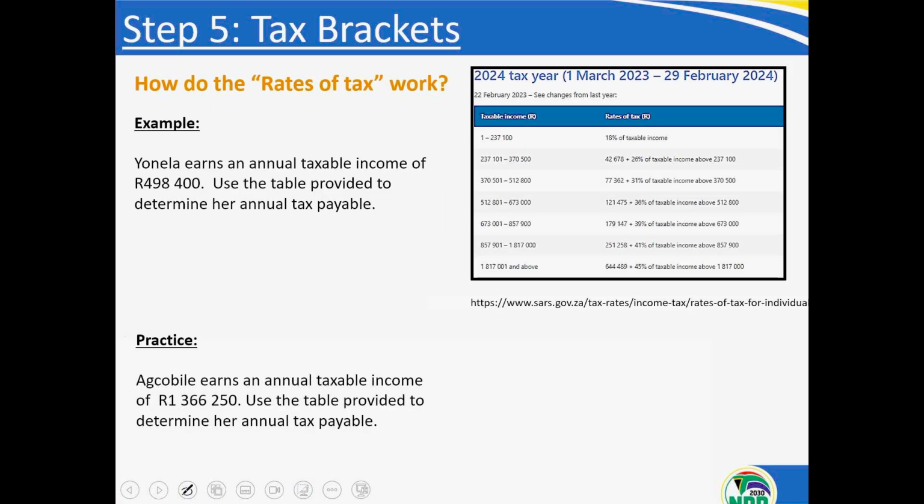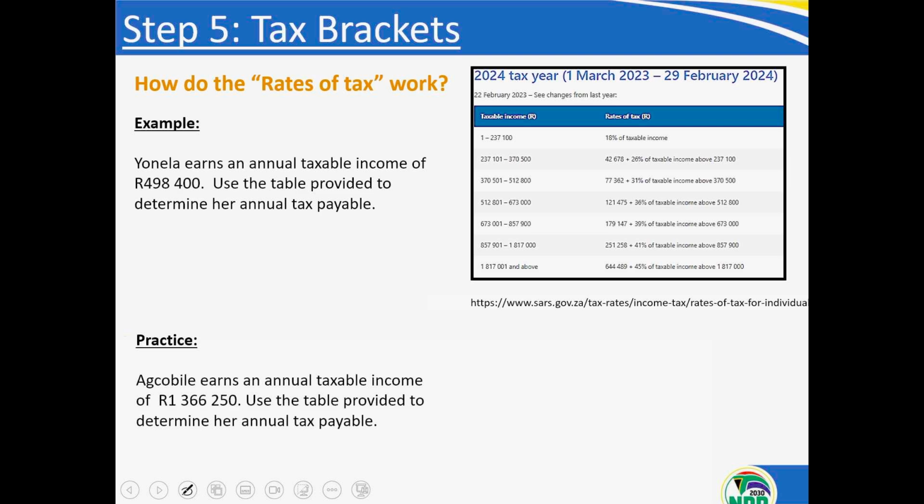So, step 5. How do rates of tax work? So, we're going to do an example together. Yonela earns an annual taxable income of 498,400 Rand. Use the table provided to determine her annual tax payable.